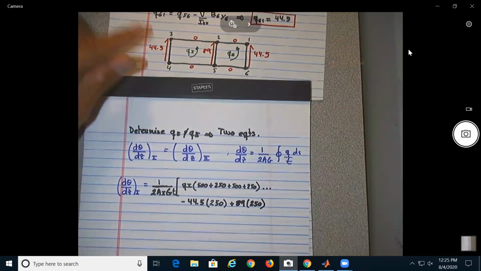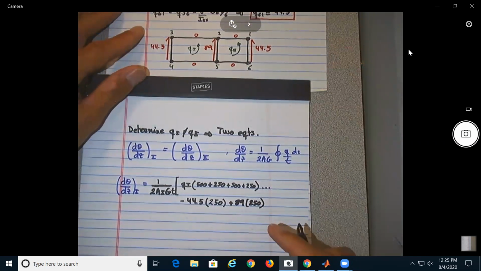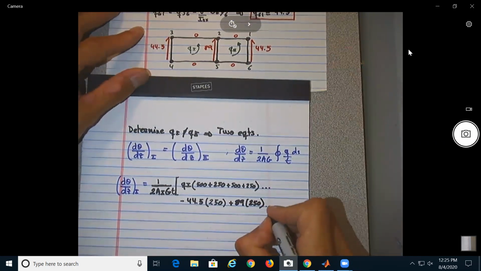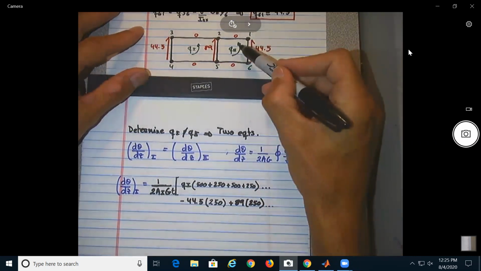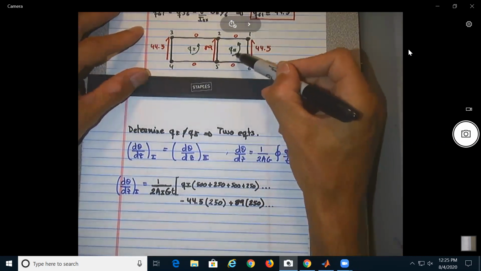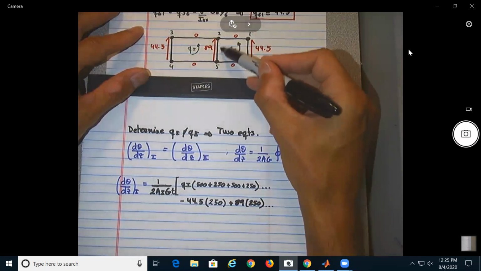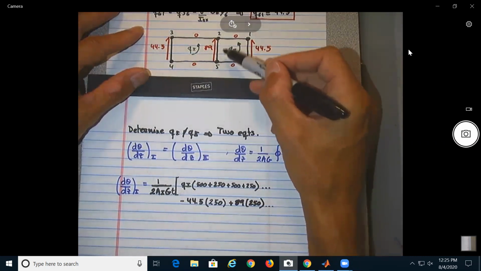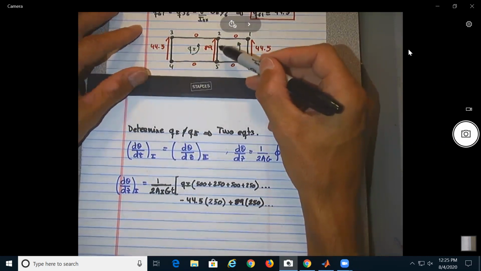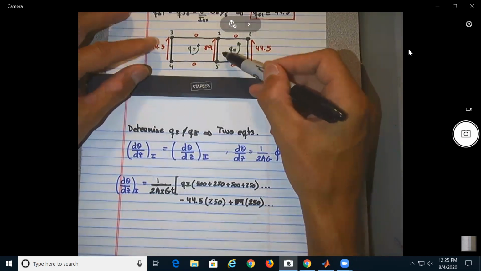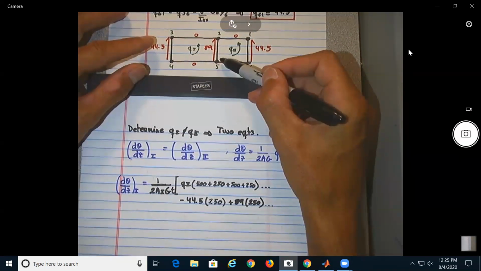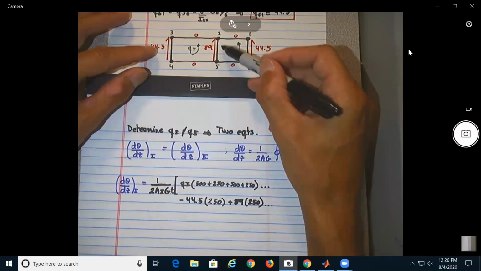times 250. And now we don't have to forget here this Q2 on the other side. We'll have a Q2 that will come this way, and here will be going down, no? Yeah? So that's going to produce an angle of twist what? Positive or negative for that segment here? It will make it go clockwise, no?